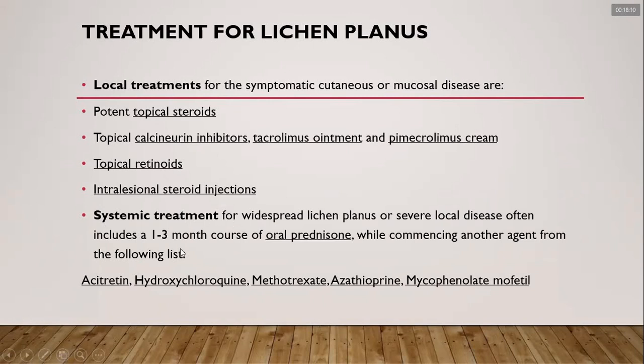Systemic treatment for widespread lichen planus or severe local disease often includes a 1 to 3 month course of oral prednisolone, while commencing one steroid-sparing agent from the following list, and the most preferred is acitretin, which is an oral retinoid. The other ones are hydroxychloroquine, methotrexate, azathioprine, or mycophenolate mofetil.